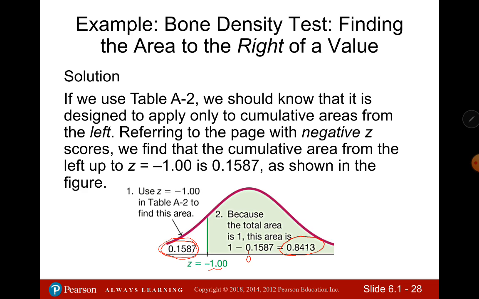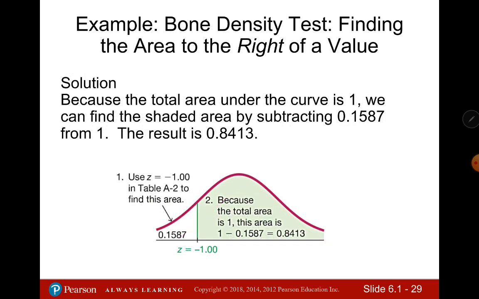And this is the area of the shaded part, the probability we are interested in. Don't forget, when we talk about the area to the right, we cannot directly use the area from the table. We should use the total area minus the area to the left to get the area to the right.